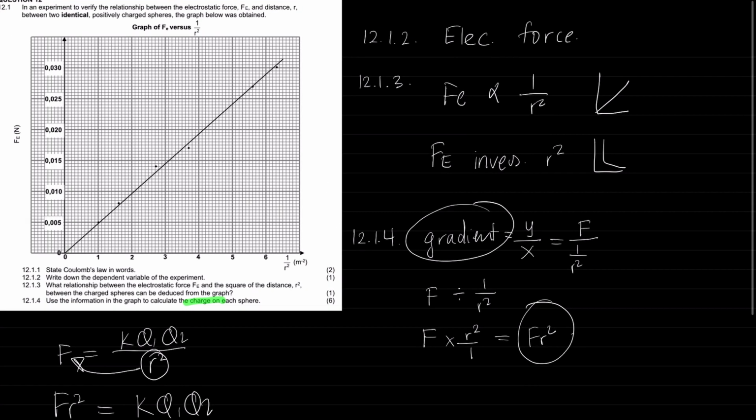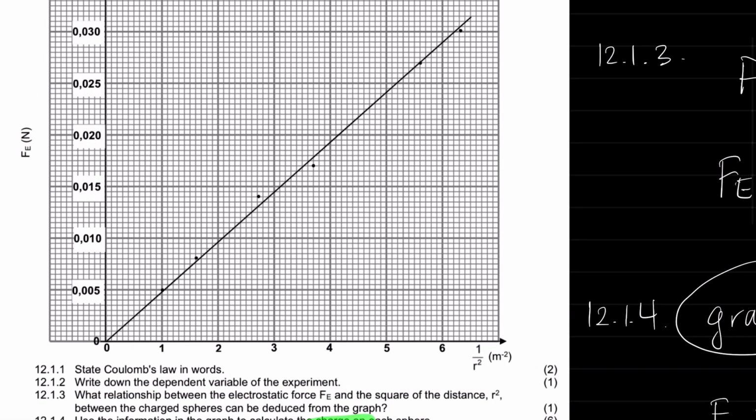So now we need to figure out how we are going to work out the gradient. To work out the gradient, you need to take 2 points that lie on that line of best fit. The easiest point that you could take is going to be our origin, so 0, 0. And then you have an option. You could take this point right here, or this point right here. Let's call this point 1, and that point 2.